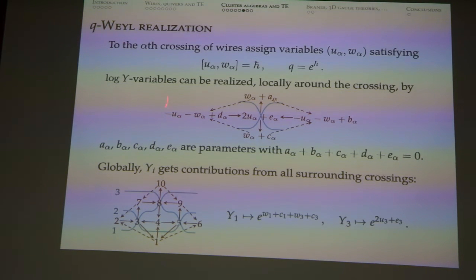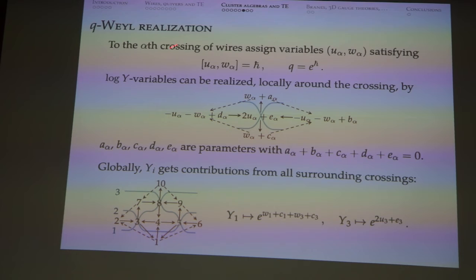All right. So now, what's Q-Weyl realization? Remember that there was this wiring diagram, this local picture, and then there's a quiver, and there were vertices, and to each vertex you assign a quantum Y variable. But now the idea is I introduce to each crossing of Ys, to crossing alpha, I assign canonical variables U alpha and W alpha.